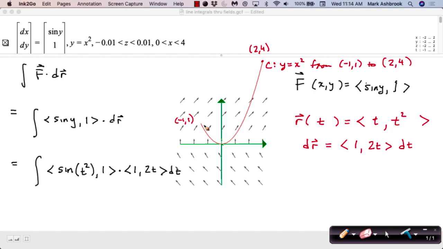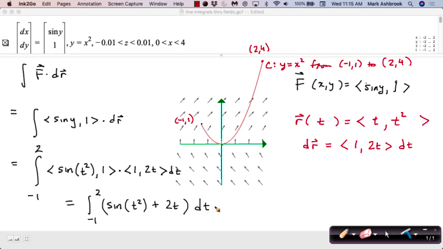And that from starting value of t to ending value of t. What's the starting value of t? It's the same as x, right? The starting value of t is our x coordinate. So we go from -1 to 2. All right, and then we do our dot product, and we get sine of t squared plus 2t.